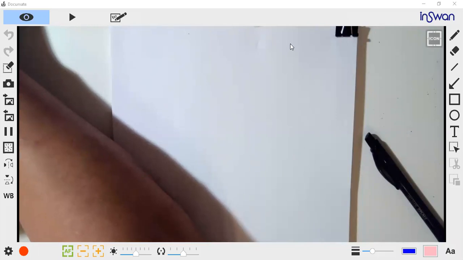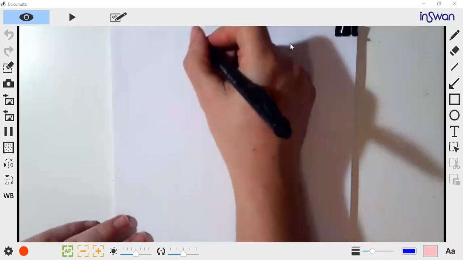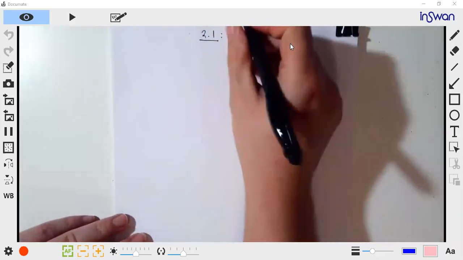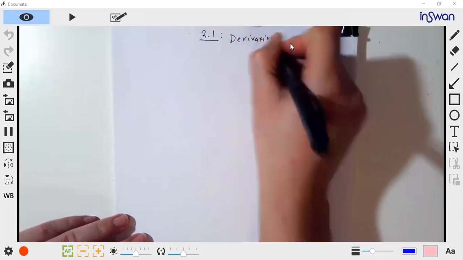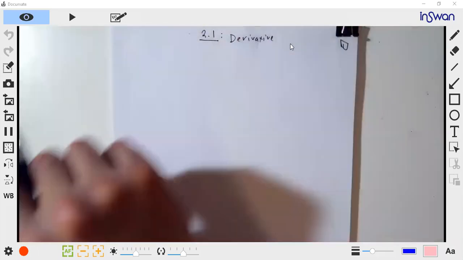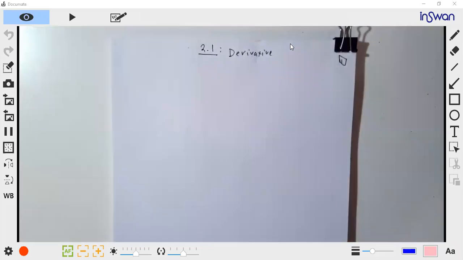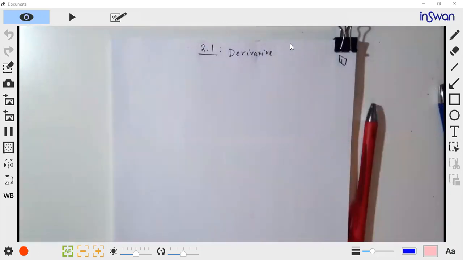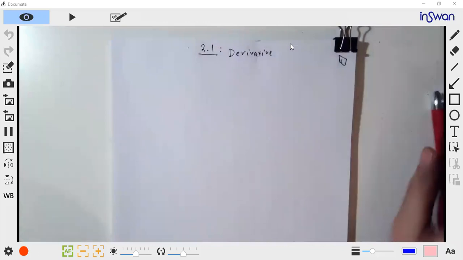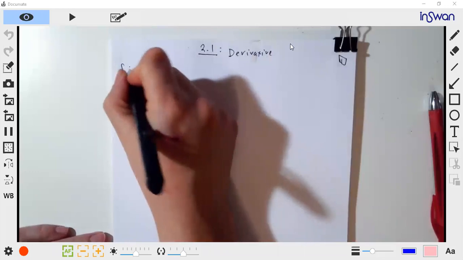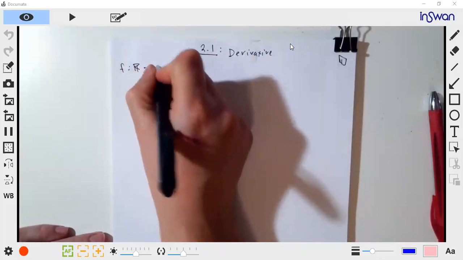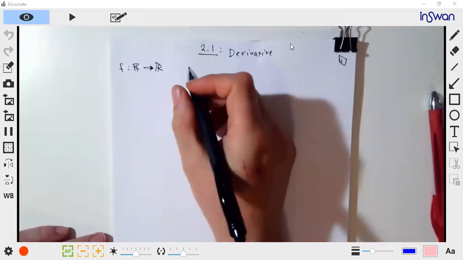All right. Now it's on to section 2.1, where we're going to talk about the derivative. So let's define some things here. Let a function f map the reals onto the reals, a real valued function.